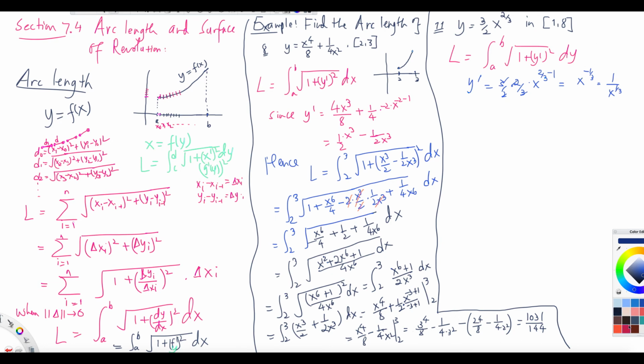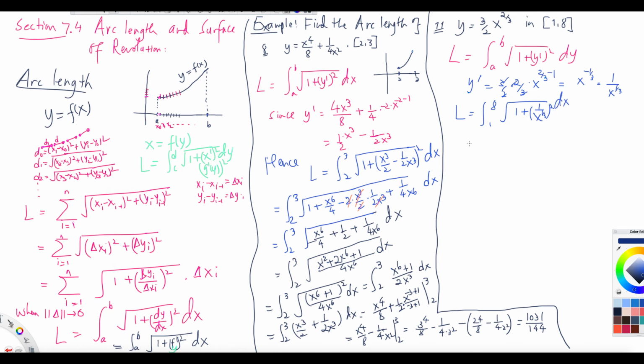Hence L equals the integral from 1 through 8 of the square root of 1 plus the square of 1 over x to the 1/3, and then dx. See that?